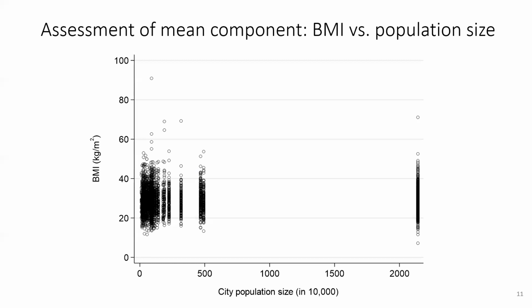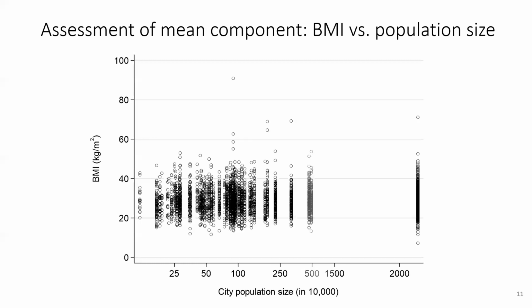Let's look at the log-transformed values. I plot the same data set, and now the X scale is in log scale instead of the normal scale. Still this one city has a larger population, but now the observations are scattered much better than previously. And how is the association?